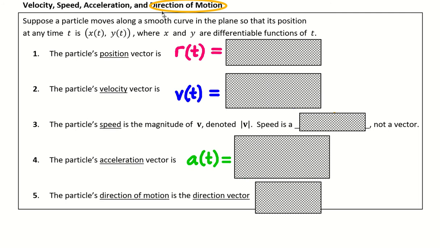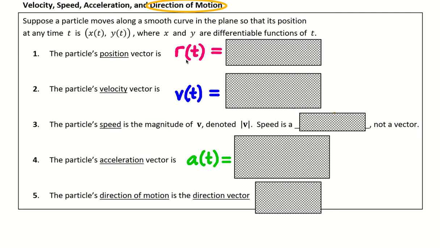This is almost its own vocabulary term, the direction of motion. Suppose a particle moves along a smooth curve, so its position at any time is, where x and y are differentiable functions of t.